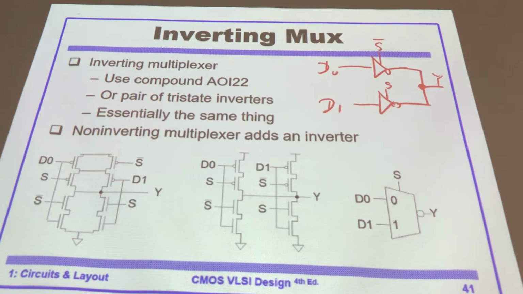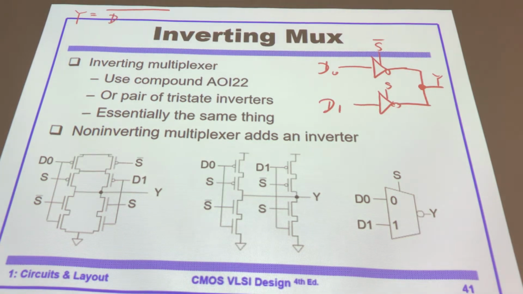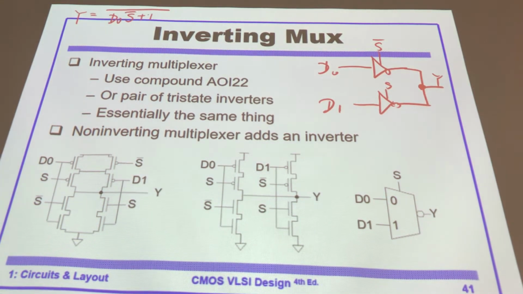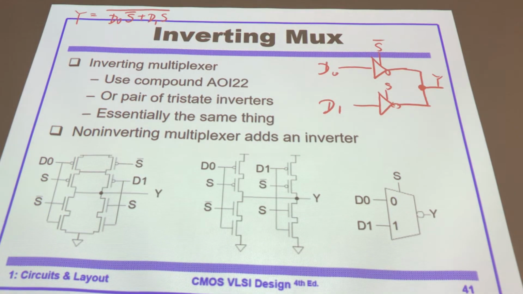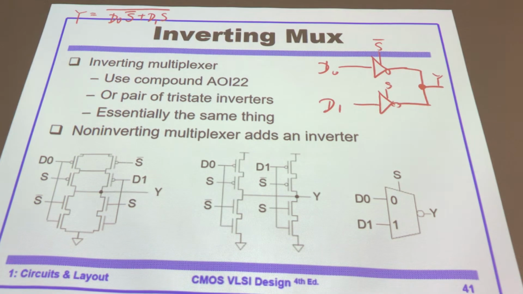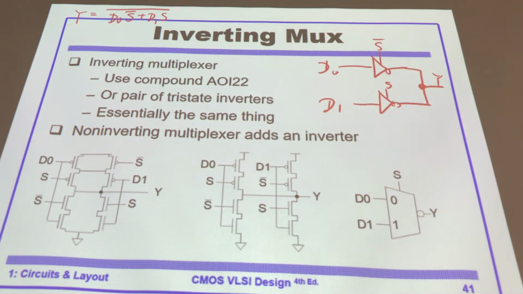What is the Boolean function? It's the inverting multiplexer. The only difference is this bar here, right?